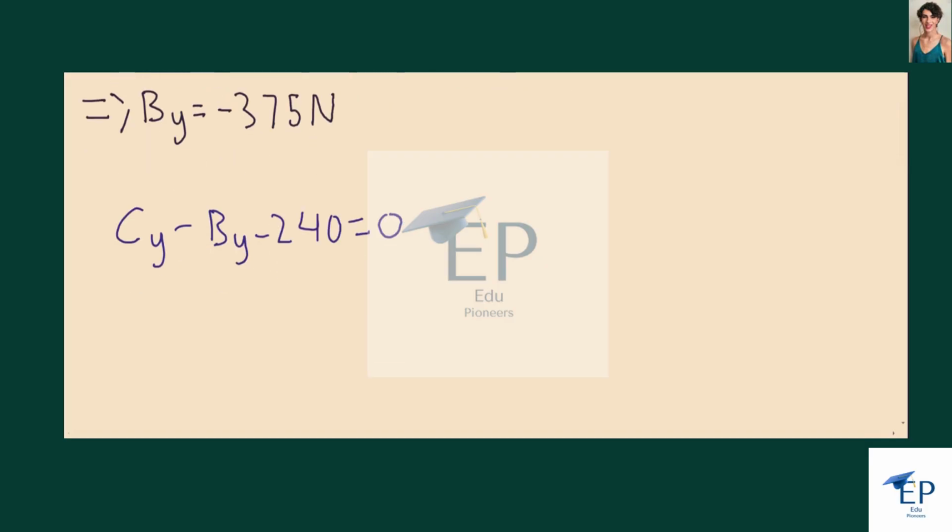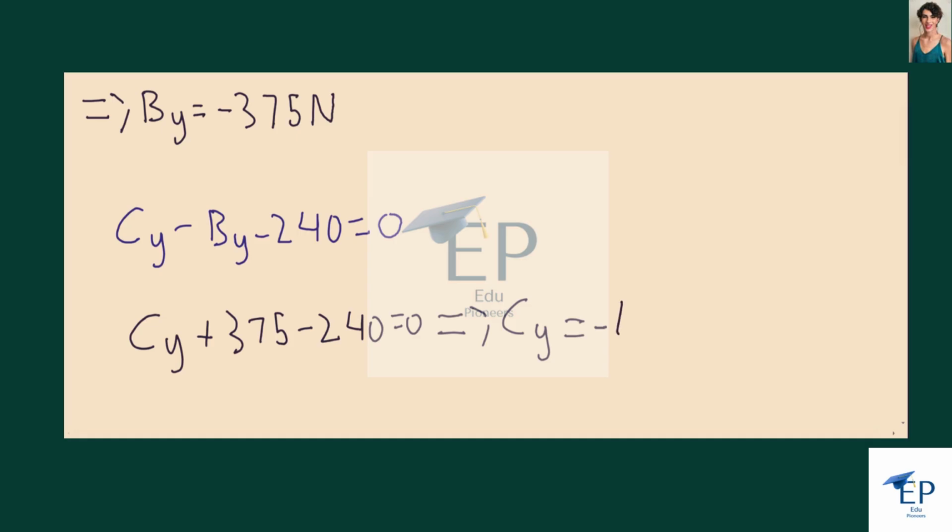So we can now plug in b of y, and that will give us c of y plus 375 minus 240 is equal to 0. And solving for c of y, we get a value of negative 135 newtons.